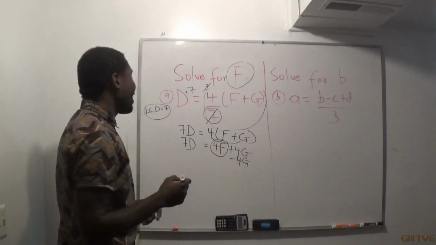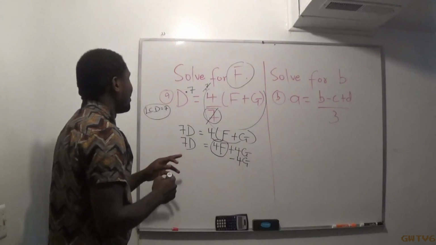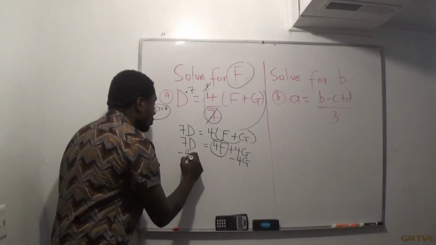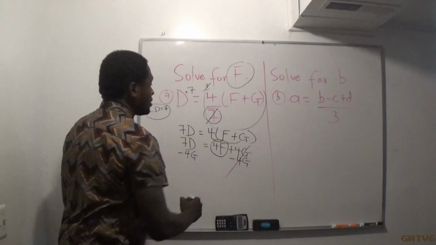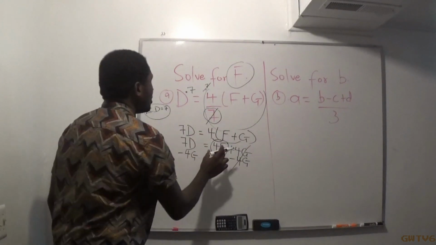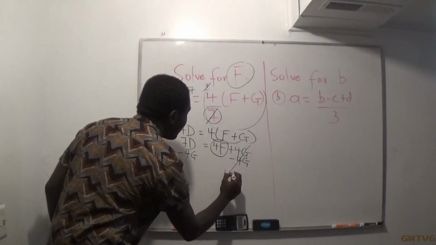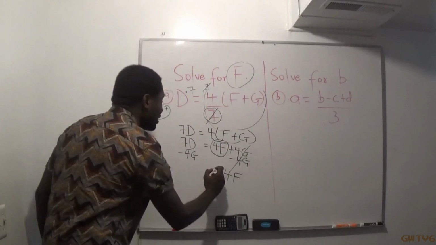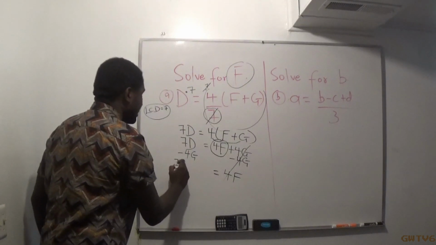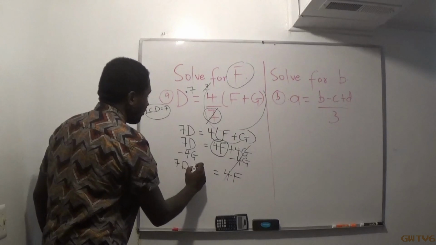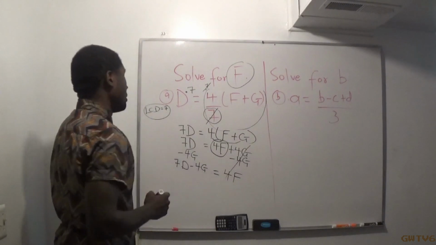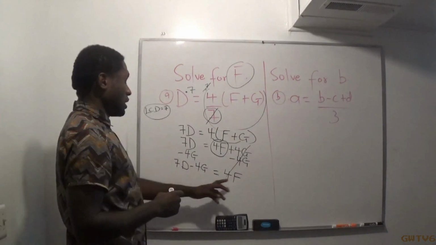But whatever I do on one side, I know I have to do the same thing on the other side. So I'm going to minus 4g here also. Now the 4g's are gone. I have my 4f left on the right side, and on the left side I have 7d minus 4g. And now again I'm solving for f.